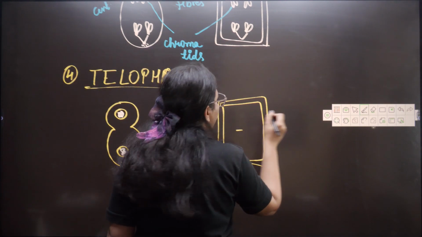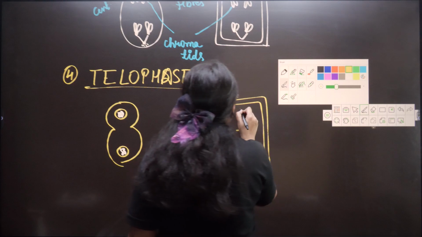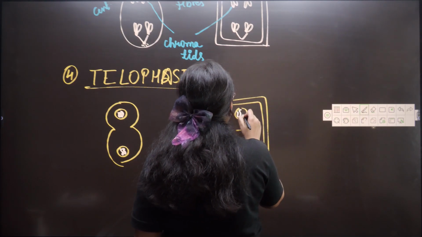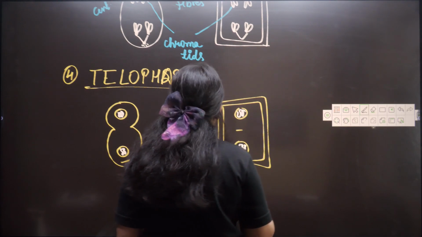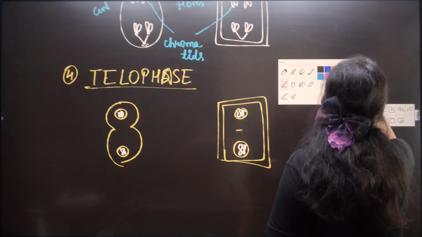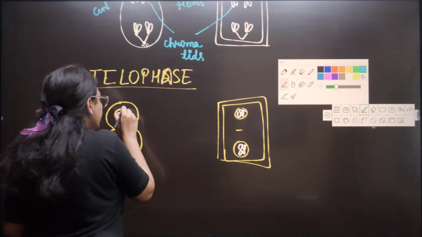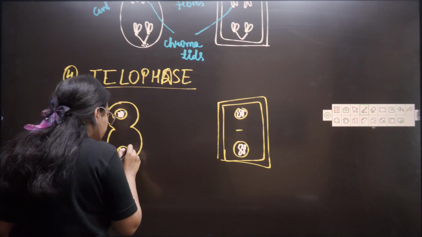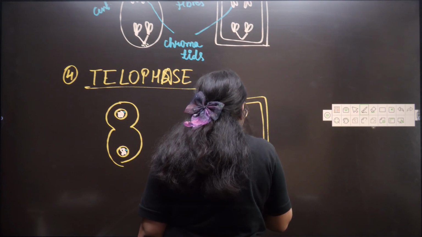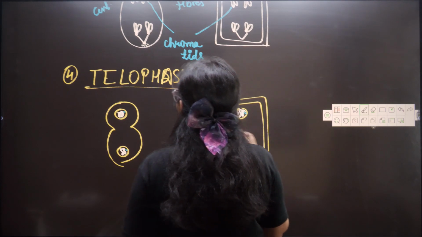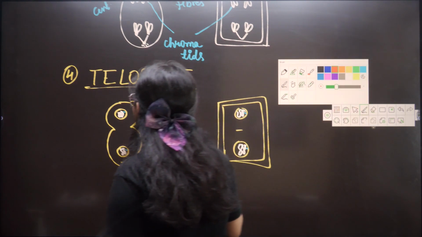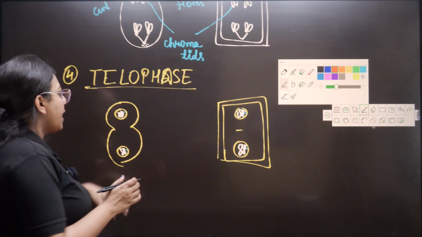Again the same way here also. This will be there, and now one nucleus will also appear. Nucleus will also appear. So this is done, and this way this will be made.